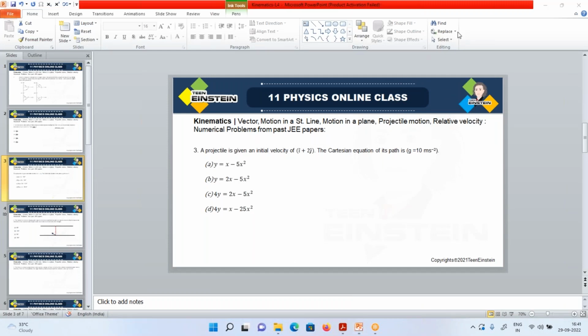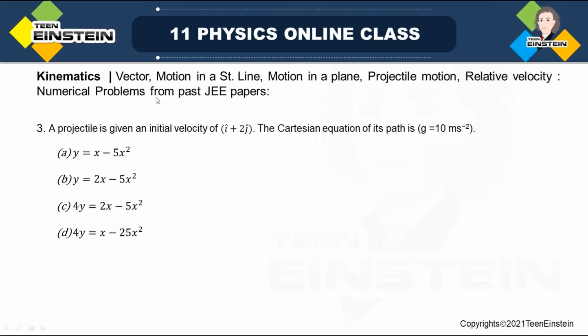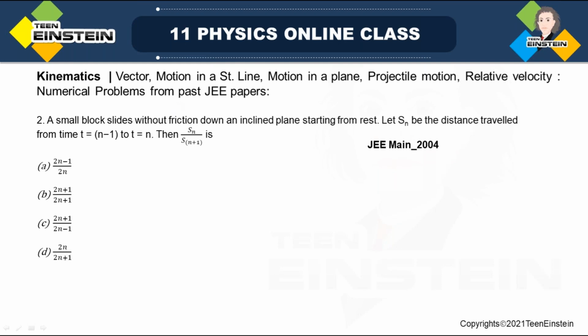So very good evening, students. We'll solve a few more problems on this chapter, kinematics. So here we have the problem, which is stating that a small block slides without friction down an inclined plane starting from rest.